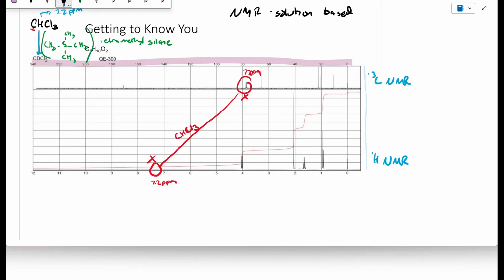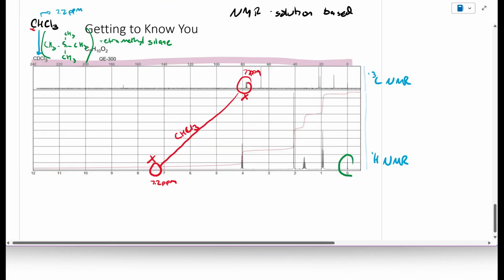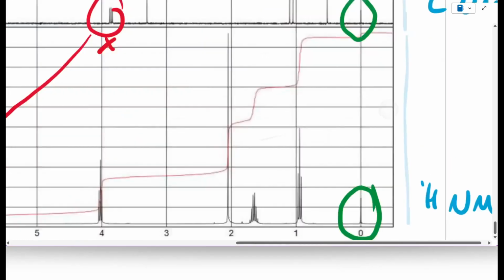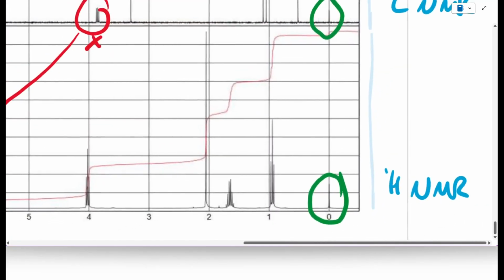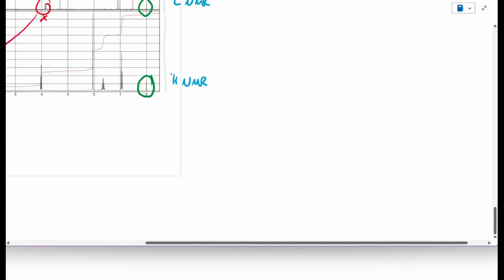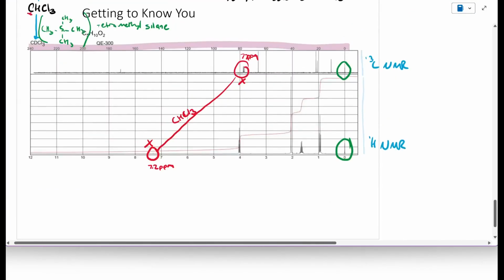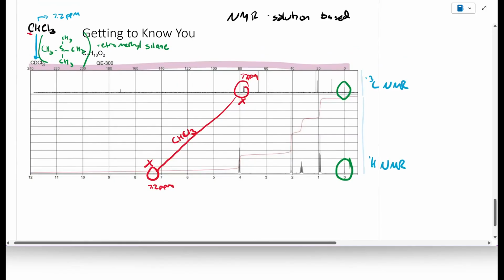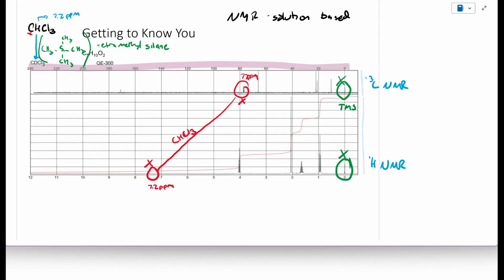So when you look at an NMR, you should be able to see a signal at around 0. This one's a little bit hard to see, but if I zoom in, you can kind of tell that that's a more bolded peak at around 0. And so the peak at 0 is the tetramethylsilane additive in the solvent that we use to calibrate the x-axis, which means it's also not part of our structure and can be safely ignored. So we can always ignore the solvent signal in the NMR and the tetramethylsilane, the TMS signal in the NMR.